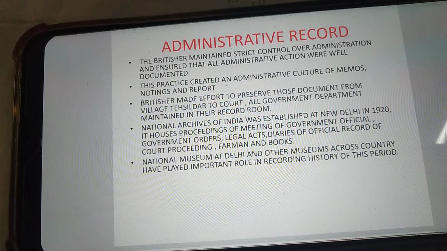It housed proceedings of meetings of government officials and government orders, legal acts, diaries or official records of court proceedings, farmans and books. The National Museum at Delhi and other museums across the country have played an important role in recording the history of this period.